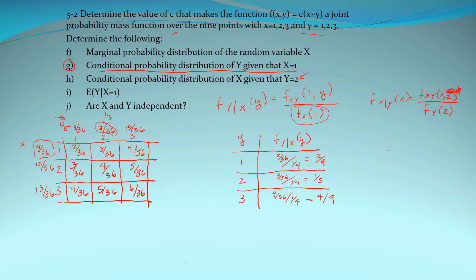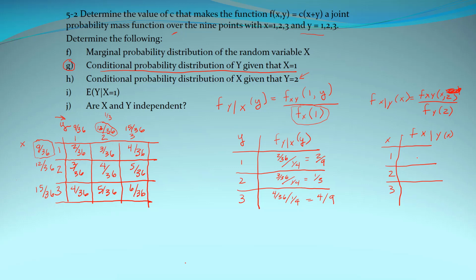So let's just do the same table here. This time we're fixing y at 2. And so we're going to say x can be 1, 2, or 3. So we make a little zigzaggy line, f of x given that y is 2, some function of x.